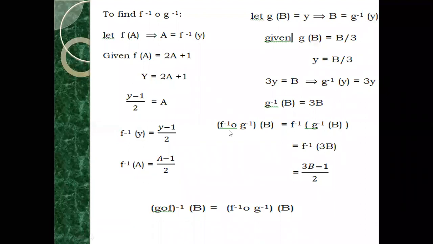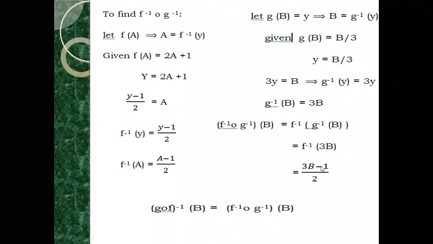So from this composition, F inverse of G inverse of B. So G inverse of B value is equal to 3B. So this is of the form F inverse of A. Okay. So here in place of A we write 3B.